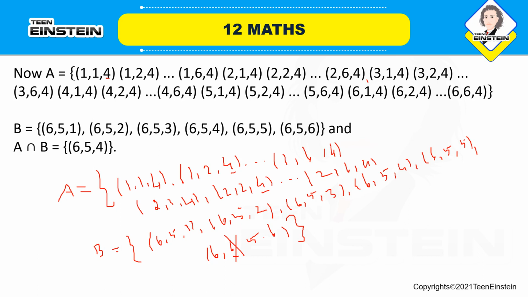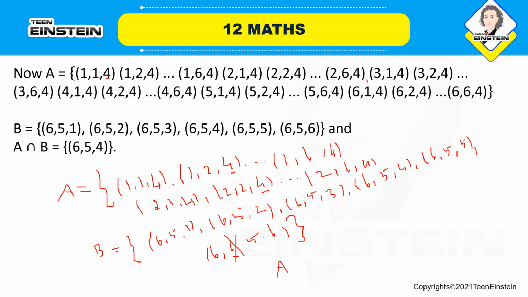So we have written A and B also. B is 651, 652, 653, 654, 655, 656. Right? Now find A intersection B. What is the intersection of these two events?